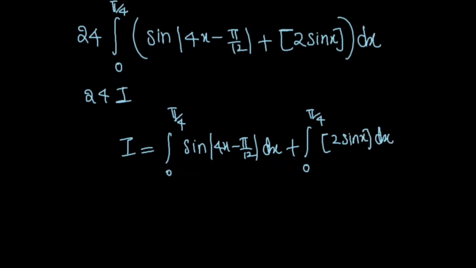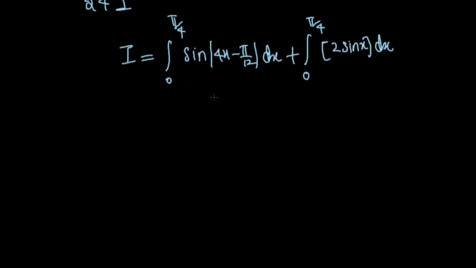First we will consider the modulus function. I'll call this I1: the integral from 0 to pi by 4 of sine of mod 4x minus pi by 12 whole dx.